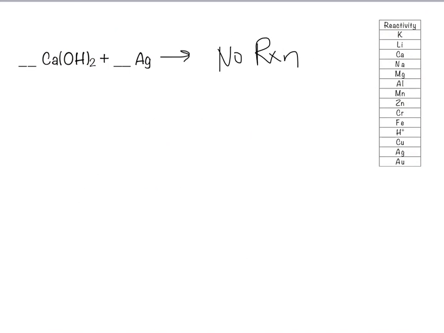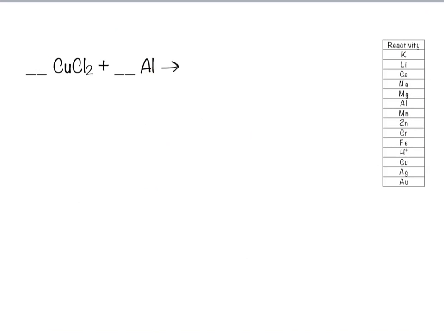Okay, looking at this problem, this is another single replacement. Notice we have aluminum that's going to attempt to replace copper. Looking at the list, here is aluminum, here is copper. Aluminum is definitely above copper, so this reaction will take place. So we have to predict the products of this reaction. Well, aluminum is not going to bond with the copper. They're both positive cations. What the aluminum will combine with is the chloride anion.